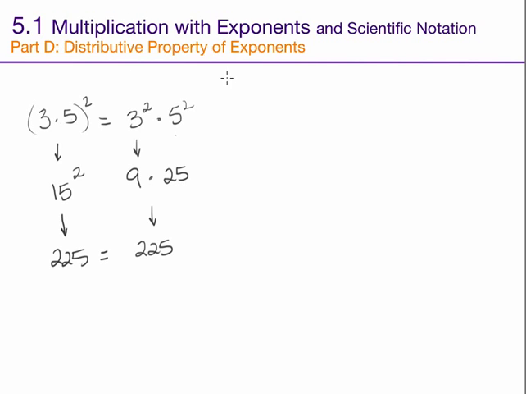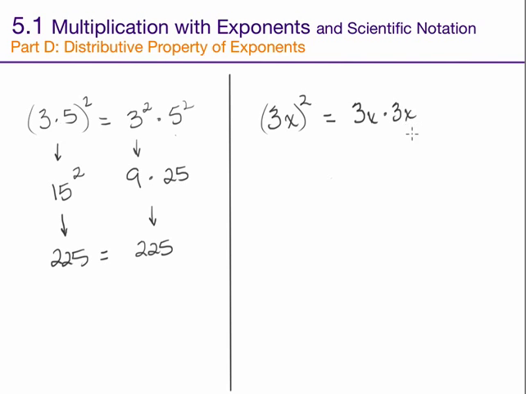What if we don't always have numbers? And frankly, this is algebra. That's going to happen a lot. What is 3x all squared? Simplify it. Well, here I can't multiply 3 times x first because I don't know what x is. But I can rewrite this as 3x times itself twice.